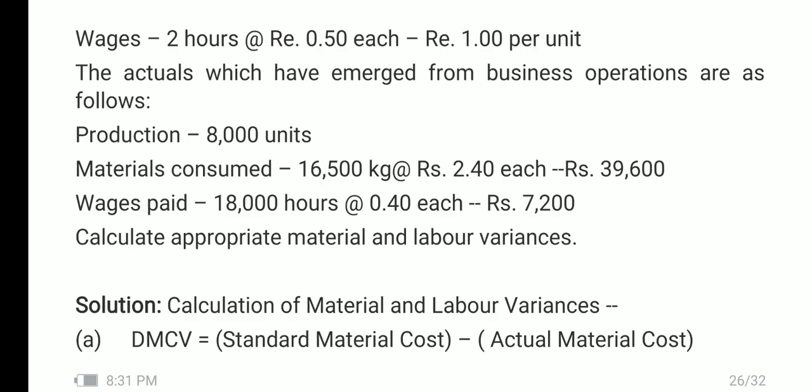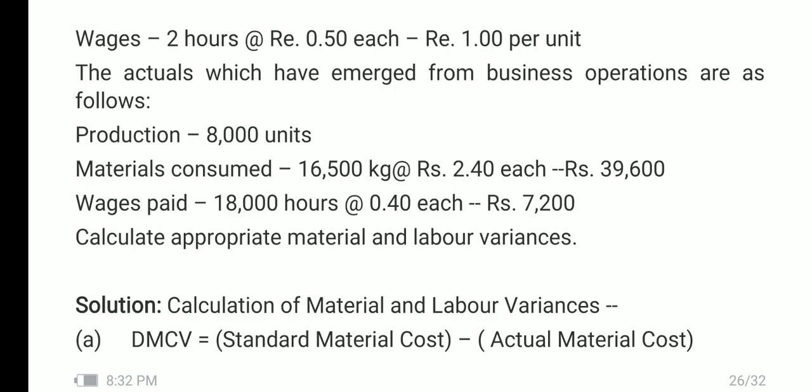Now here actual wage is 0.40 each. Standard wage rate fixed was 50 paise per hour. Actual wage rate is 40 paise per hour, and 18,000 hours have been spent for the production of the given 8,000 units. To produce 8,000 units, 18,000 labor hours have been utilized.